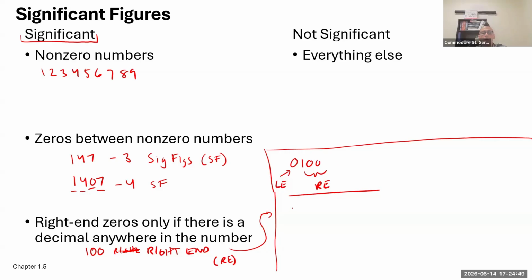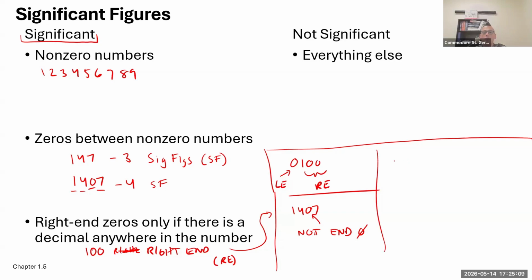Let's do another one. Let's do 1407. So this is not a right end zero. It's in the middle, right? So we don't want to count that as a right end.